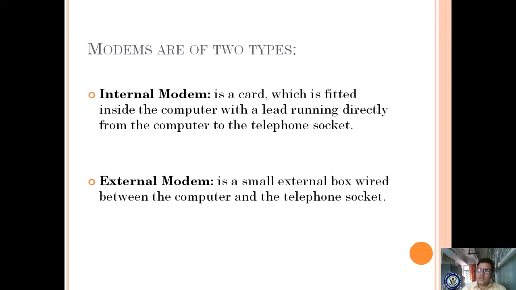One is internal, which is already built into your system, and you connect the telephone line directly to it. The external modem is a box type of device in between the computer and the telephone socket.